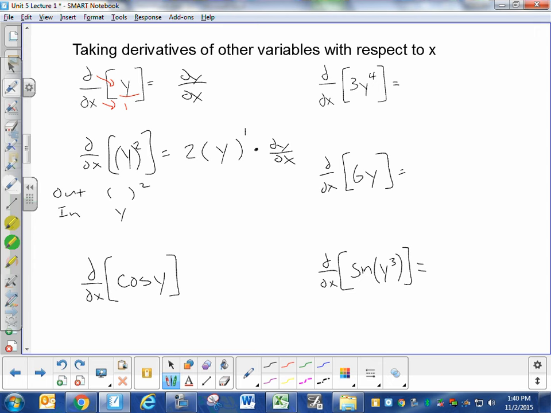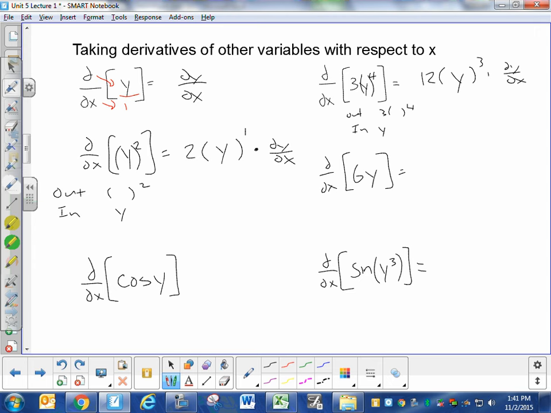I'm going to do the same thing for this one and this one. I'm going to use parentheses. I'm going to say the outside is 3 parentheses to the 4th power. The inside is just the y. I'm going to say the derivative would be 12 stuff to the 3rd times the derivative of the inside, dy dx. We have a y in there.